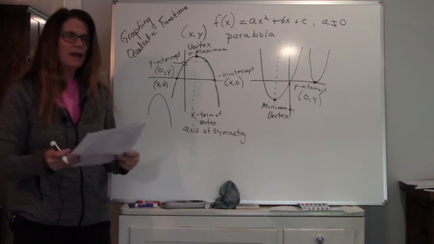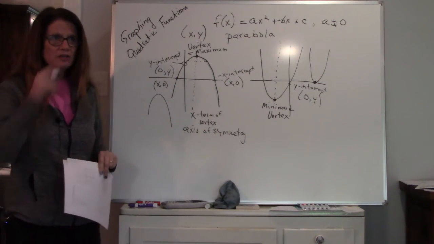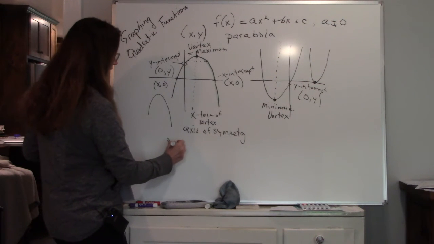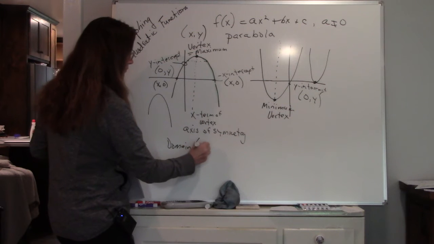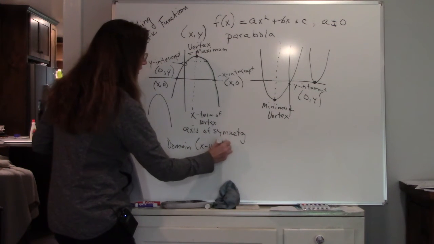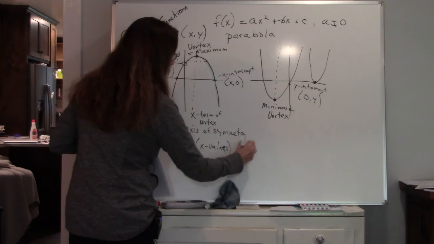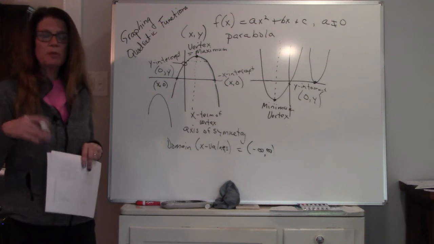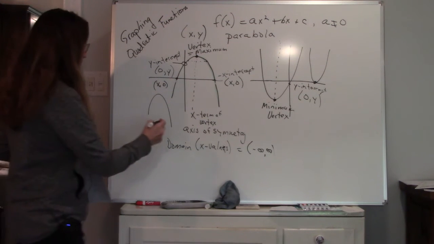You also will have the domain and the range. So the domain is always the x values. With a quadratic equation, the domain will always be negative infinity to positive infinity. Okay?